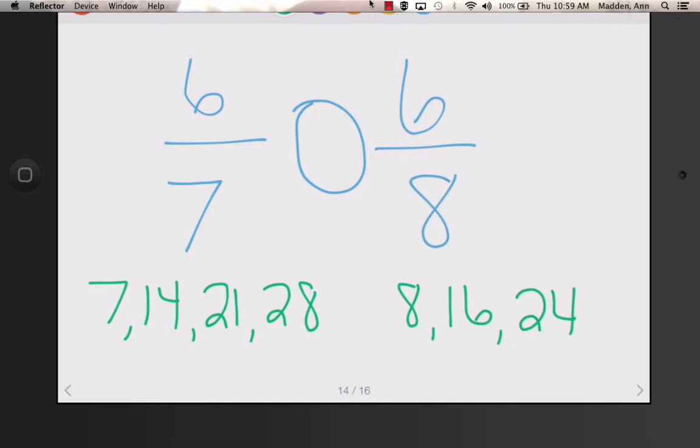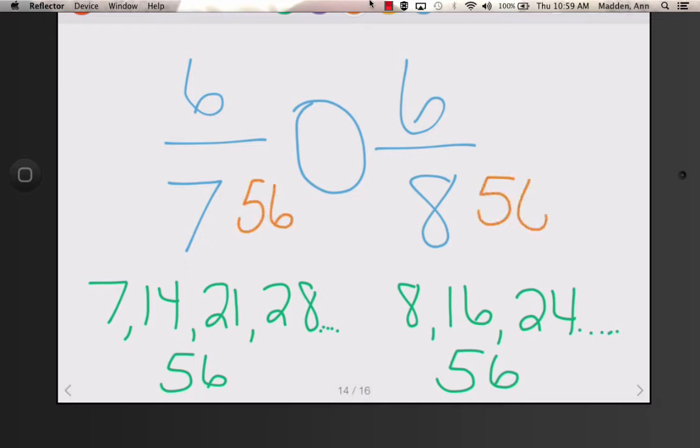I'm going to show you one quick, easy way. I can simply multiply 7 times 8. 7 times 8 is 56. If I count by 7s, I will eventually get to 56. If I count by 8s, I will eventually get to 56. So 56 is going to be my common denominator.